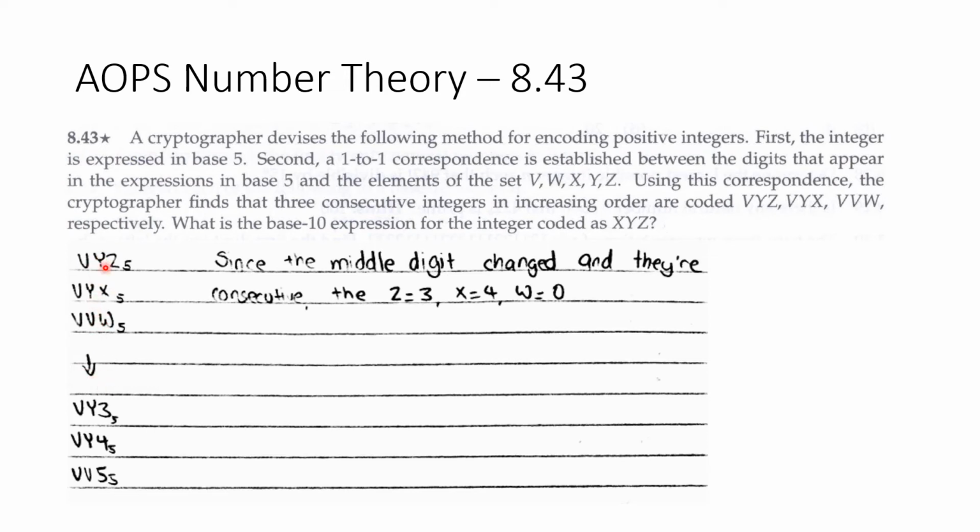The middle digit changes, but they're still consecutive, so these two are the last two biggest digits in base 5, and this is the next digit in the next tens. So Z equals 3, X equals 4, and W equals 0, which is why it's VY3 in base 5, VY4 in base 5, and then the next one in base 5.